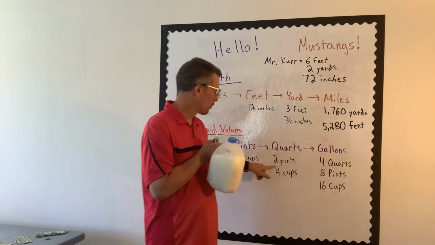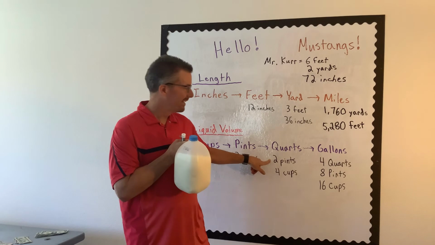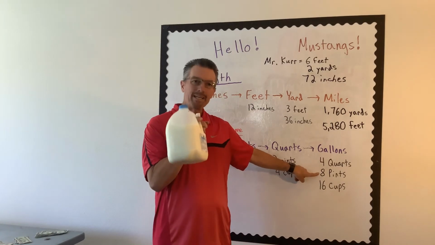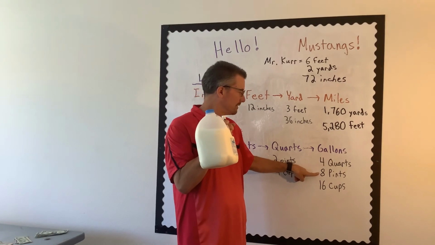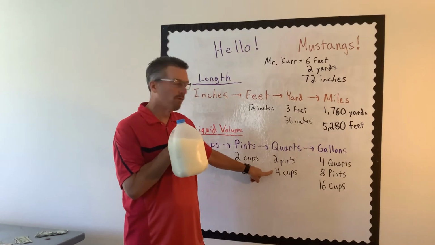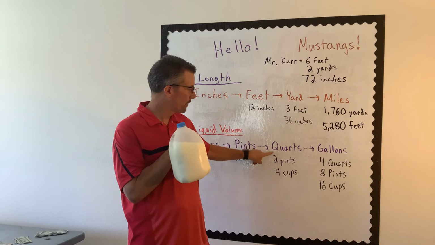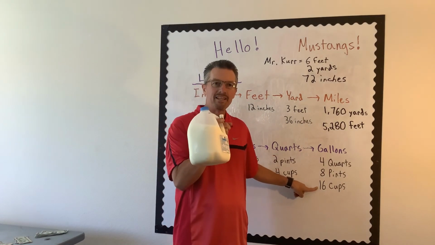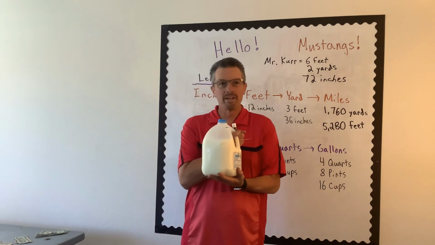Because I have 4 quarts and there are 2 pints in 1 quart, 2 times 4 tells me that there are 8 pints in this container. And because there are 4 cups in 1 quart, 4 cups times 4 quarts tells me there are 16 cups in this 1 gallon container.